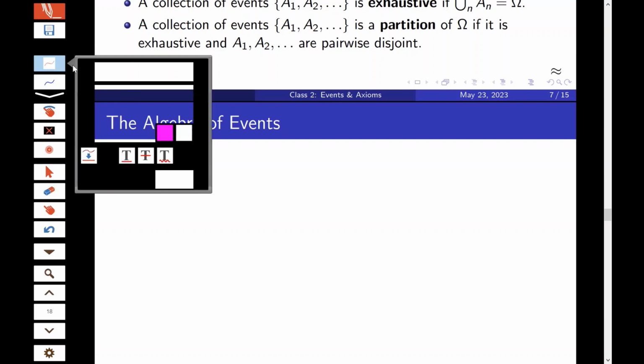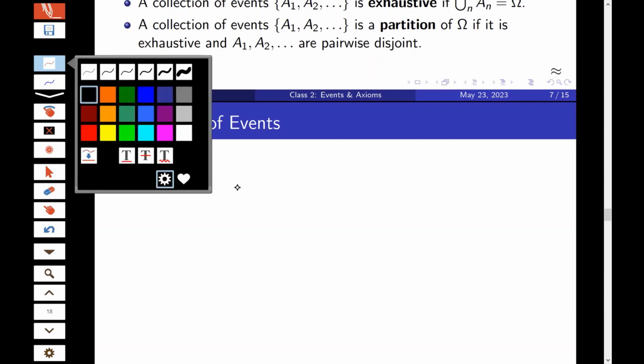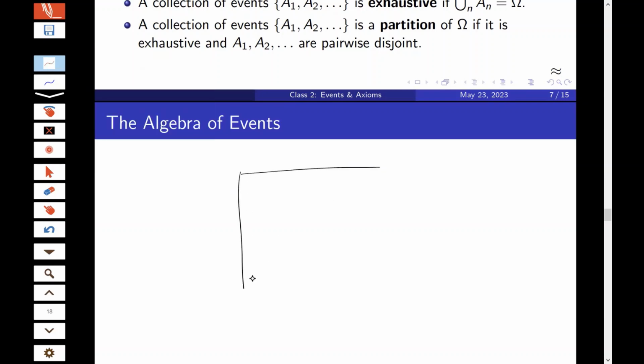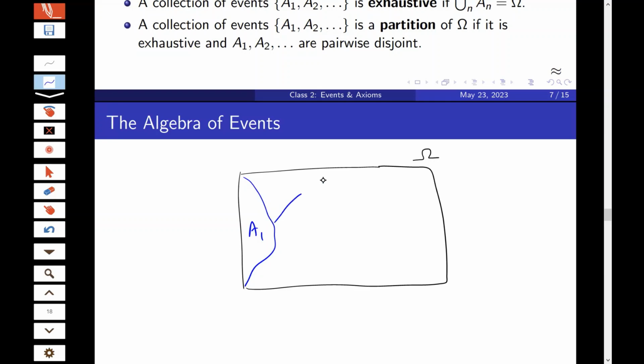So we can visualize this like this. Here, this is the sample space, and we can have A1, A2, A3, A4, A5, and so on.